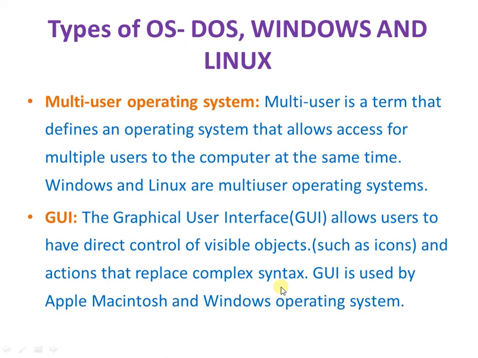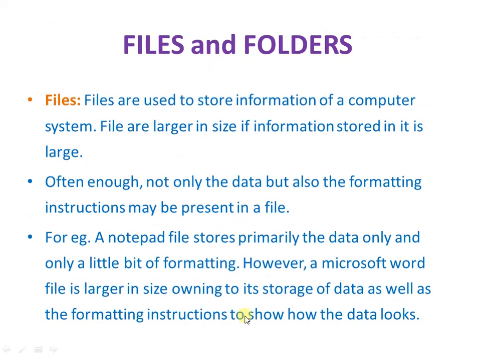So Windows is the best example of a GUI based operating system. GUI is used by Apple, Macintosh and Windows operating systems. तो Apple का जो Macintosh operating system है और Windows operating system, they are using the GUI operating system.